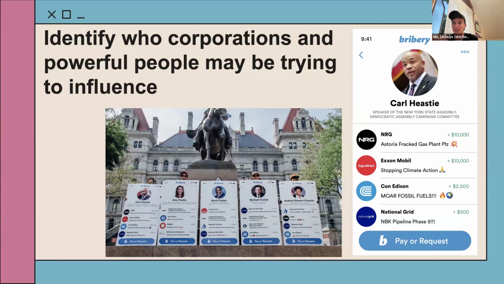But that campaign and that effort was met with broad opposition from, as you can guess, utility corporations that wanted to keep that private. And so one of the things that this campaign did was expose the influence that these specific utility corporations that were against this act had over the New York State politicians.